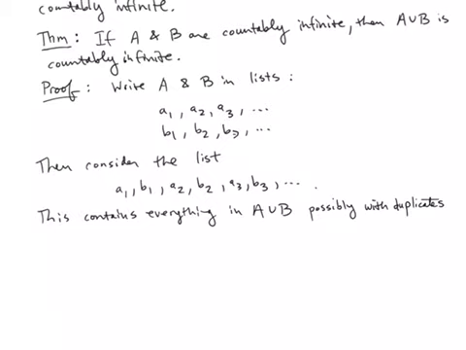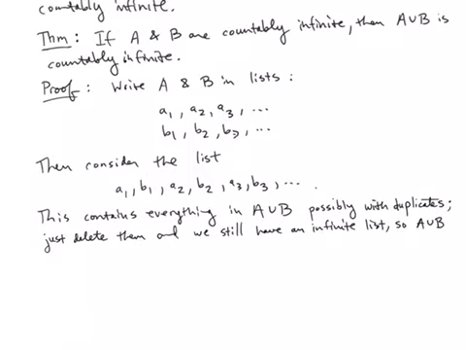So I guess we can say delete the duplicates from B, say, so the originals will always be from A. So we always have at least all of the elements of A in here. So definitely the list is still going to be infinite after we do this deleting. So A union B is countable.